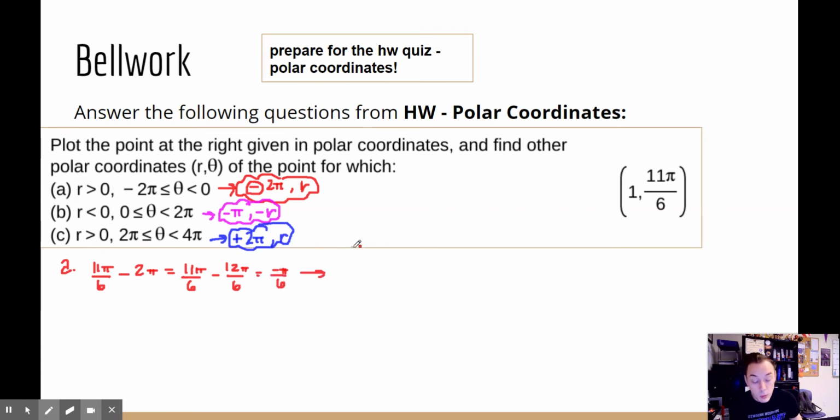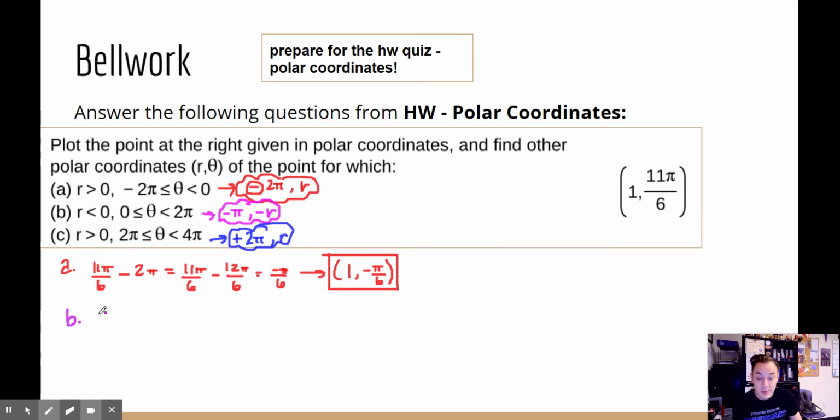So that means my point here is going to be 1, because it stays the same, and then negative pi all over 6. Now, before I actually box this, is it within my interval? Yes, it is. It's totally within that interval for my angle, so I'm solid. That's my point.